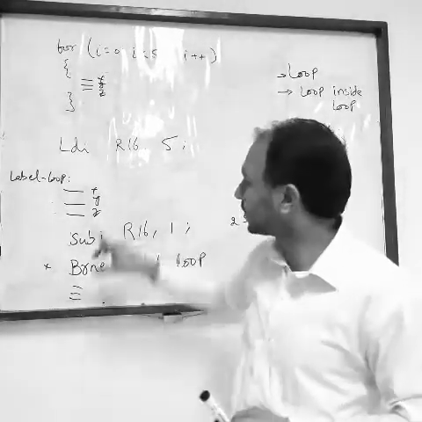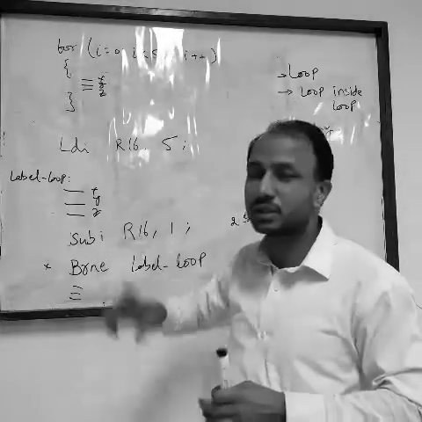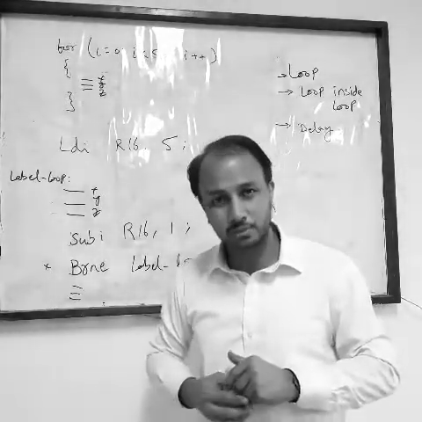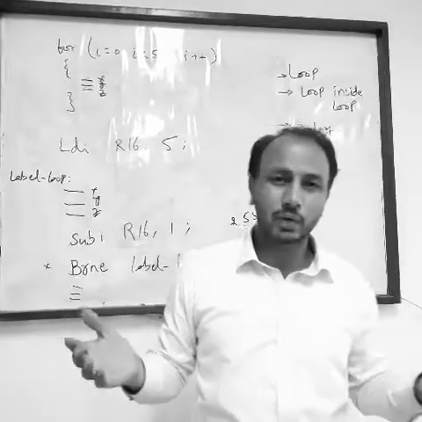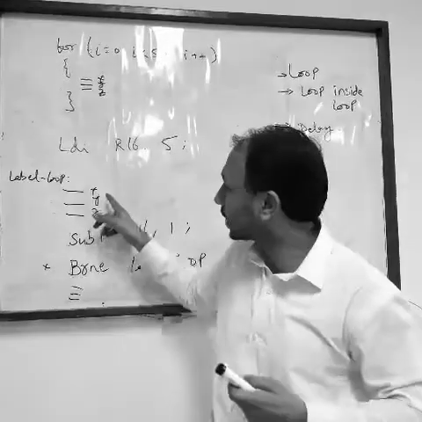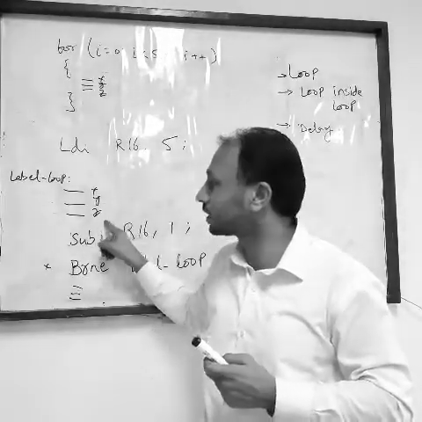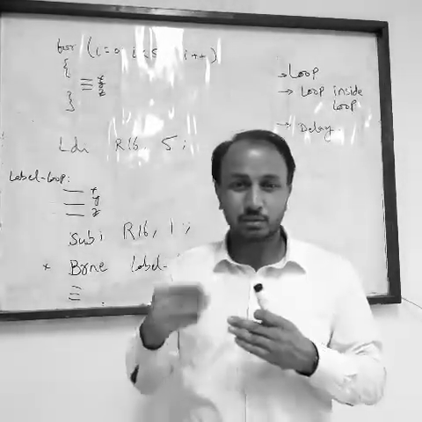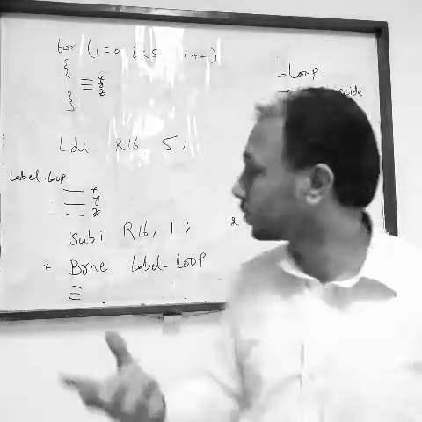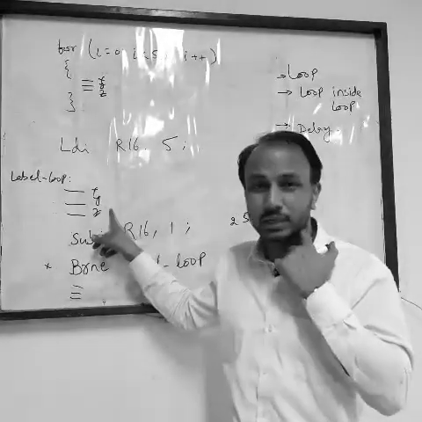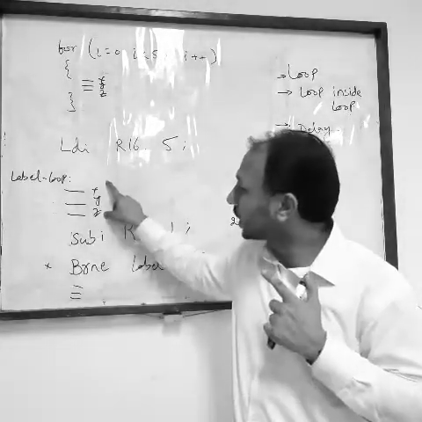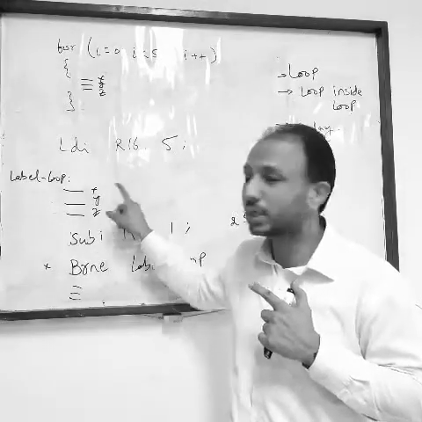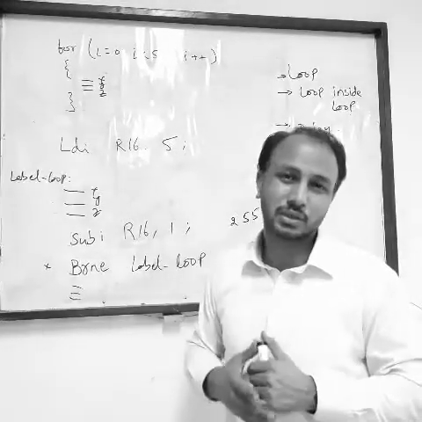But the problem is that when you write these instructions, they go to instruction memory. Let's say these 3 instructions take 3 instruction memory units, 3 instruction addresses. When you write them 50 times, it will take 150 instruction memory locations.